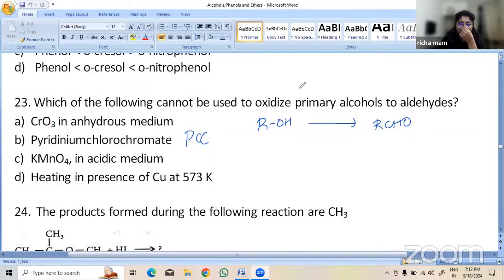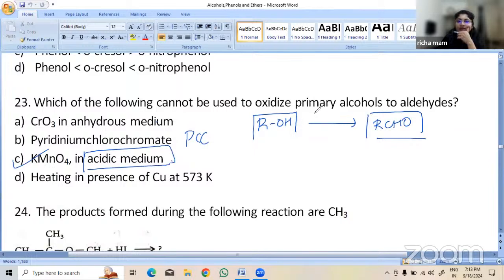Which of the following cannot be used to oxidize primary alcohols to aldehyde? So when you are converting primary alcohols to aldehydes, option C in acidic medium cannot be done.